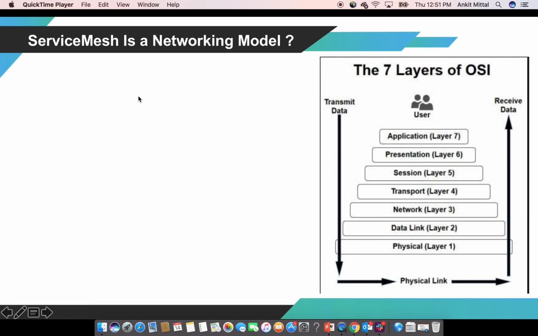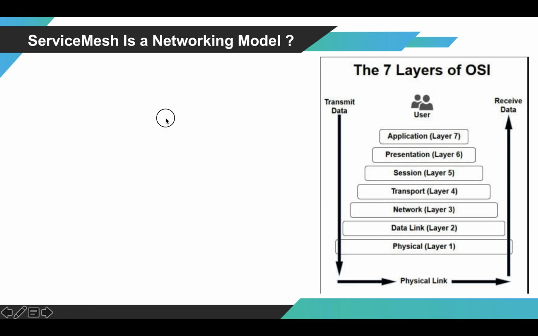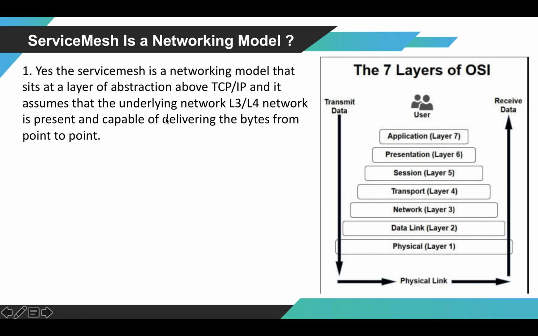So, is service mesh a networking model? Yes, service mesh is a networking model, and it basically sits on a layer of abstraction above TCP/IP. If you see the diagram of the 7-layer OSI model, you will see that the mesh just works above the network layer, layers 3 and 4, that's your network and transport layer.